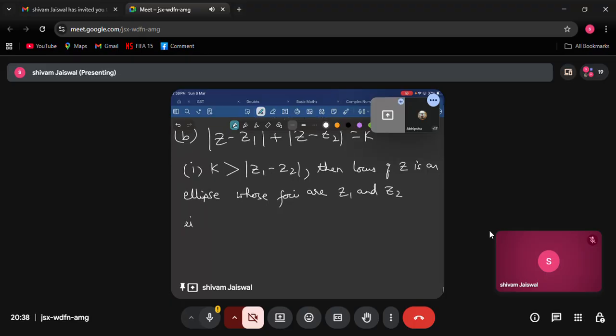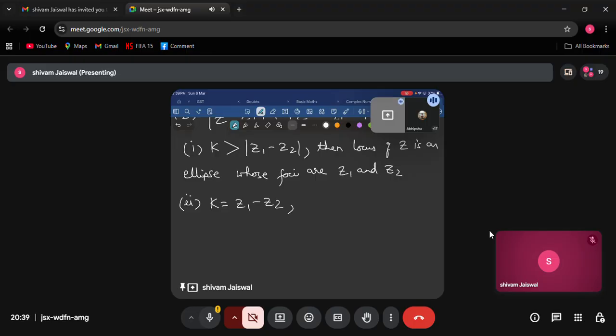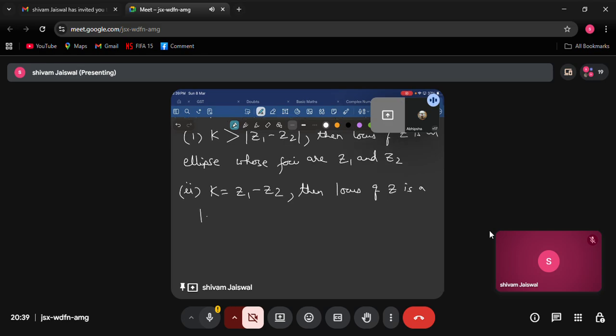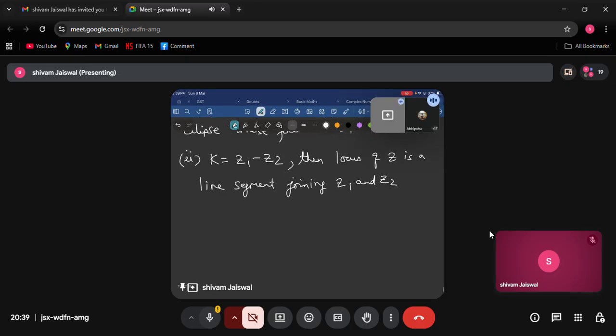Part 2. And if k is equal to mod of z1 minus z2, then what does it represent? It's just a line segment. Then locus of z is a line segment joining z1 and z2.